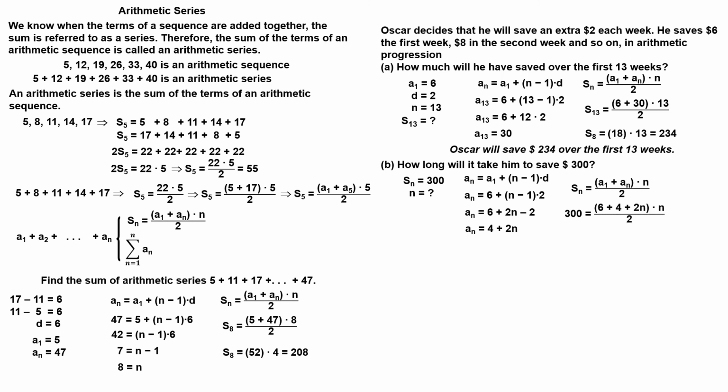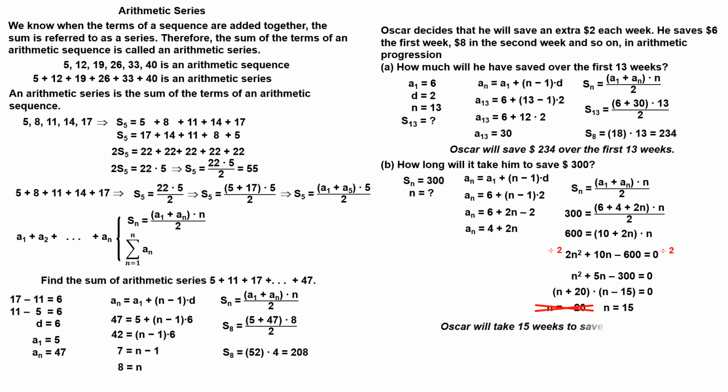Rearrange the equation to solve for n. This is a quadratic equation. Solve using the method you think is best. Remember that n is a number of weeks, so it must be a positive integer. Therefore, the solution of minus 20 is not possible. Oscar will take 15 weeks to save $300.